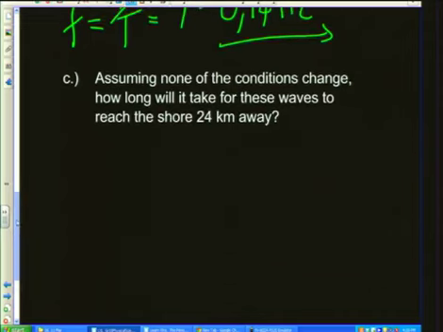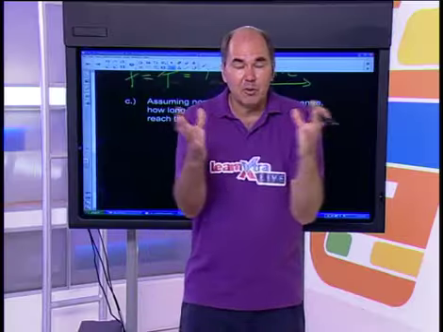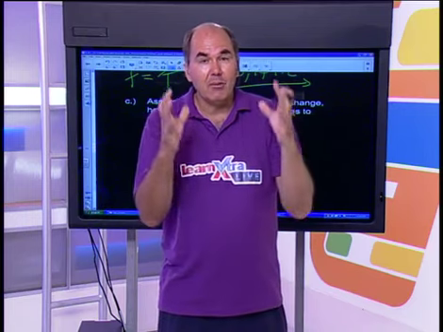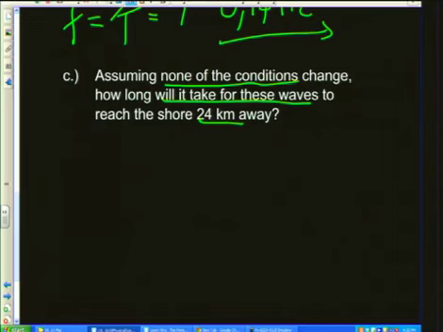Next one. It says, assuming none of the conditions change, how long will it take for these waves to reach the shore 24 kilometers away? Now, guys, this is a little bit of a word problem, but what we need to be able to do is to take all the information that we've got and apply it. We want to know the distance is 24. We want to, first of all, calculate the velocity.